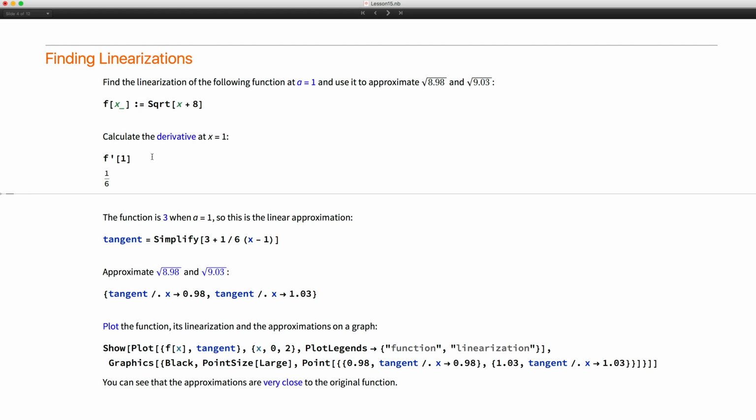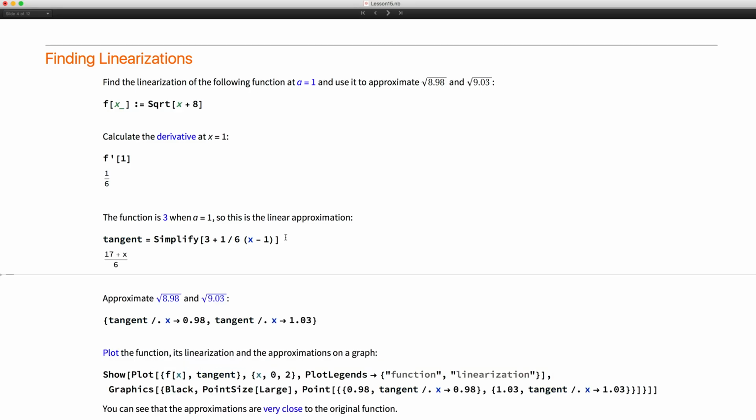And now you set up the equation of the tangent line. So tangent is equal to 3 plus 1/6 of x minus 1, and you get back the tangent expression. Now, when x is 0.98, you are at 8.98. Whereas when x is 1.03, then you are at 9.03.